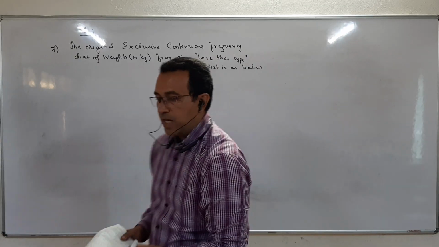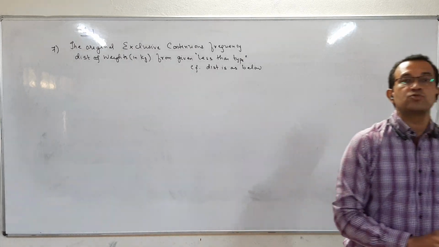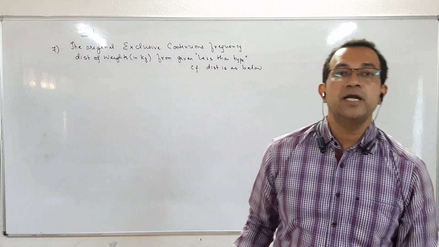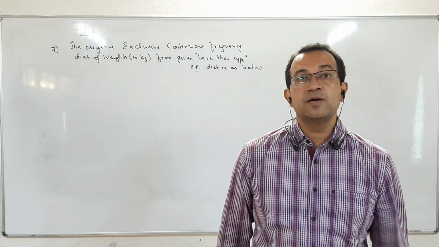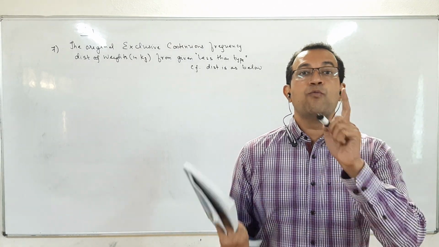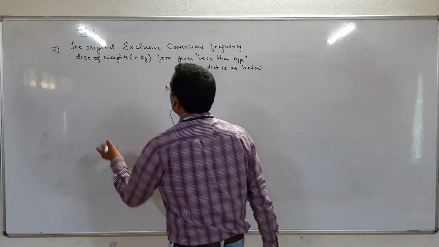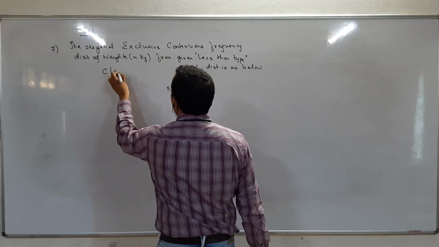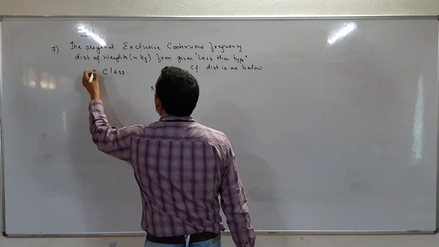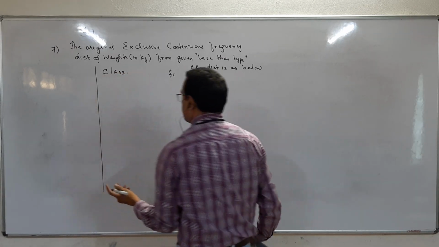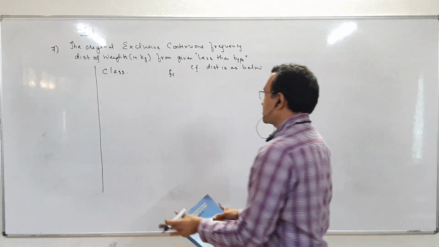This title is a must. If this is a 3-mark sum, 1 mark will be allotted for the title. And here we will make only 2 columns: classes and Fi. So check, the lower limit of the first class is 30.